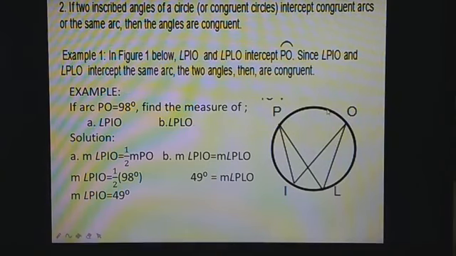So the two inscribed angles have equal measure since they intercept the same arc, based on theorem number 2. If arc PO is 98, then the measure of angle PIO and angle PLO is just 1/2 of its intercepted arc, which is 98, and its half is 49. So angle PIO is 49, angle PLO is also 49 degrees.